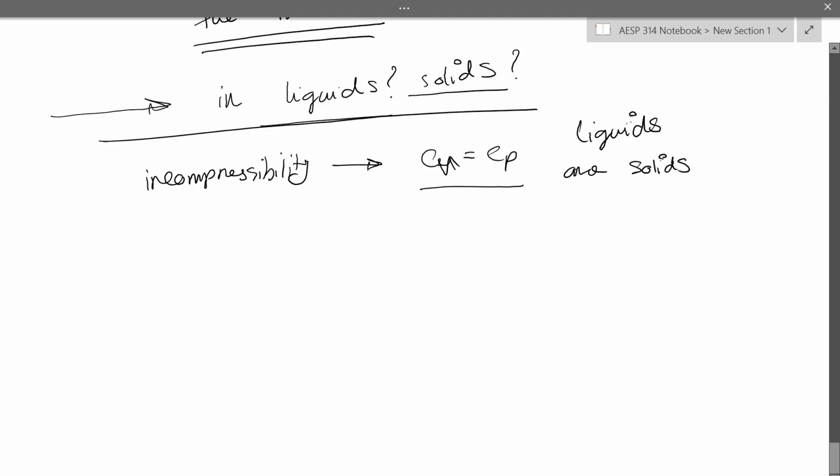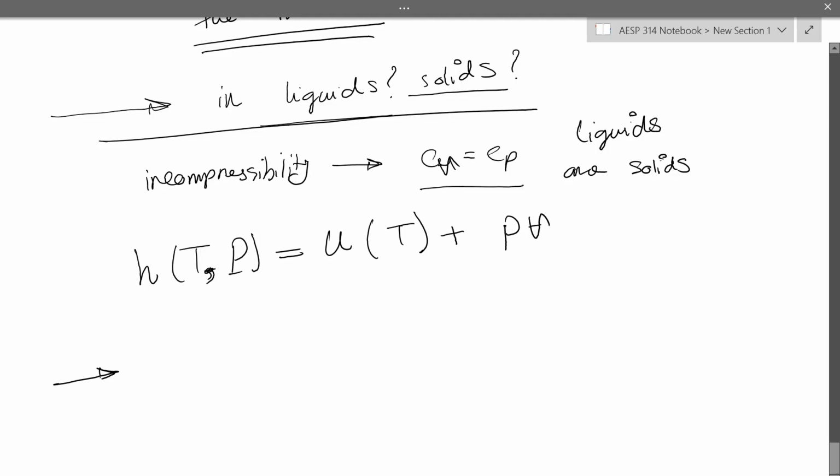So we have defined enthalpy, which is a function of temperature and pressure in a solid, right? Volume doesn't change here, so it is not really a function of volume. We have already defined this as H equals U, which is a function of temperature, plus P times V. Let's take the derivative of this with respect to temperature by keeping pressure constant.